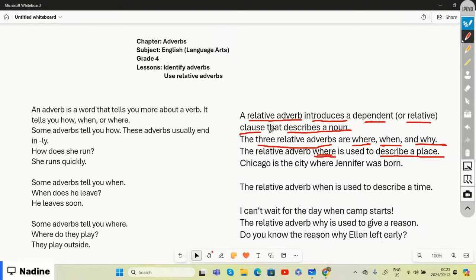And if we look at an example, it says Chicago is the city where Jennifer was born.